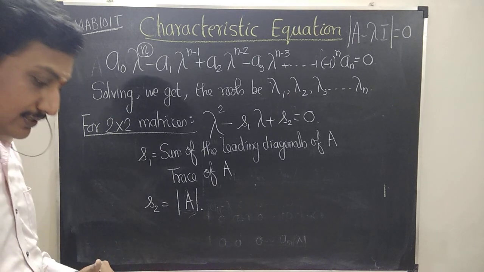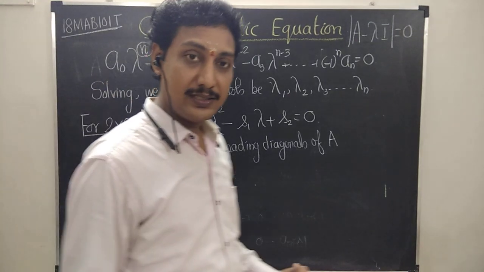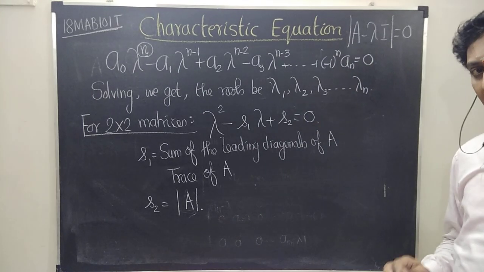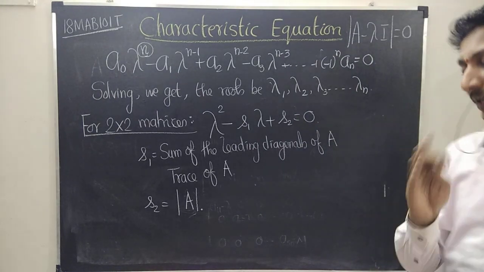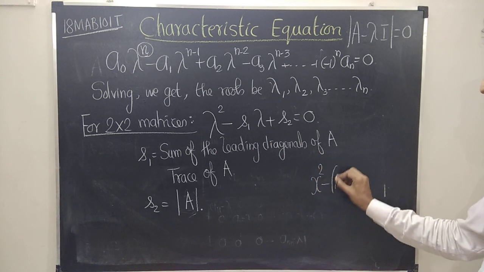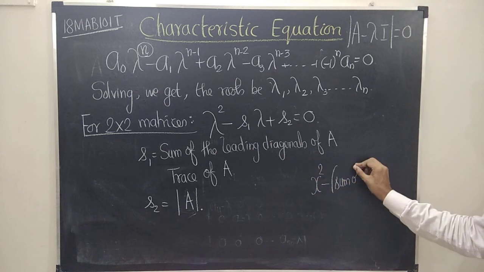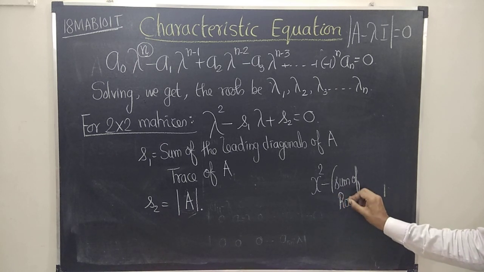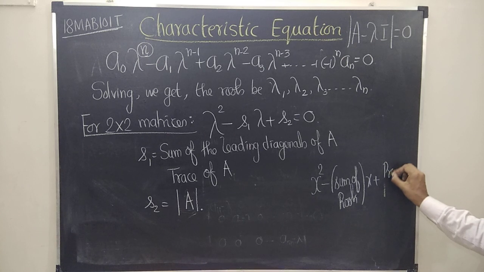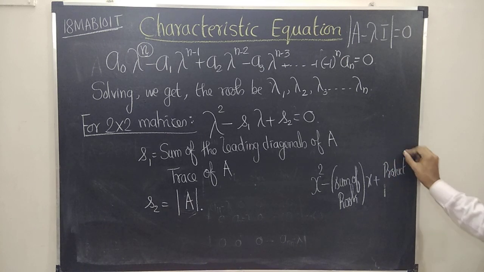Once again, I repeat this. This is the 2 by 2 matrix, so it is a second degree polynomial. What is the general form of the quadratic equation? x squared minus the sum of the roots into x plus the product of the roots equal to 0.